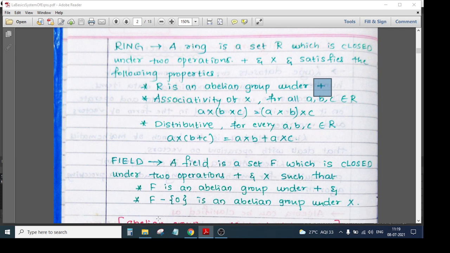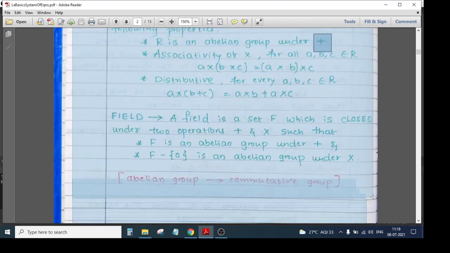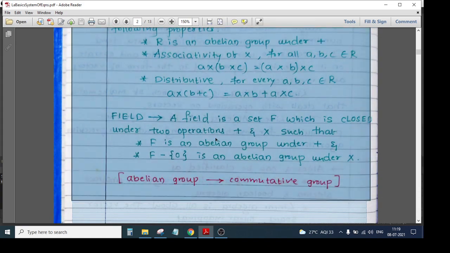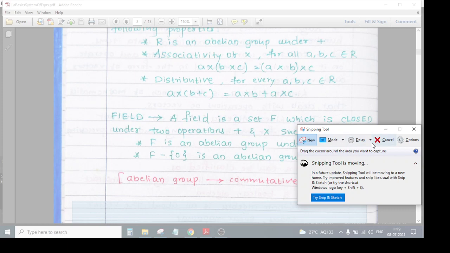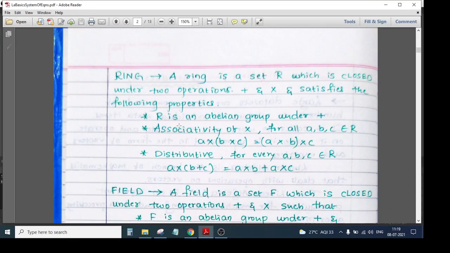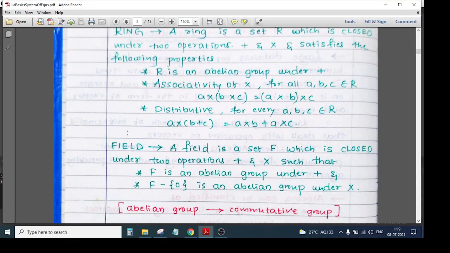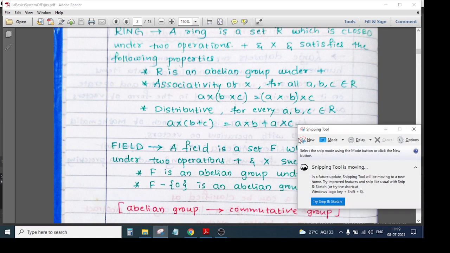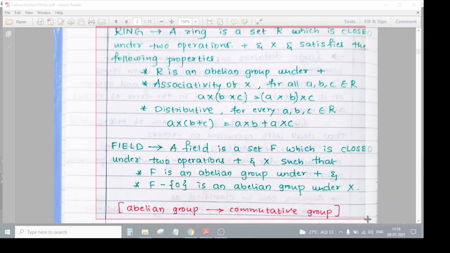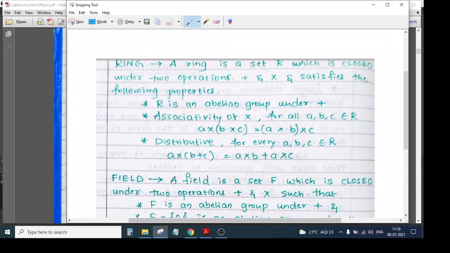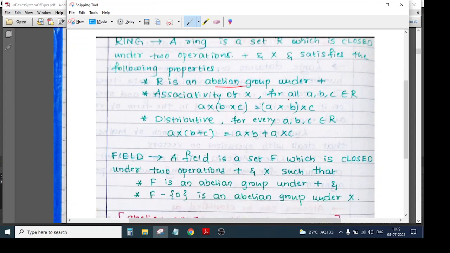So see here, friends, what I am trying to tell is: R is an abelian group under addition. What is the meaning of abelian group?